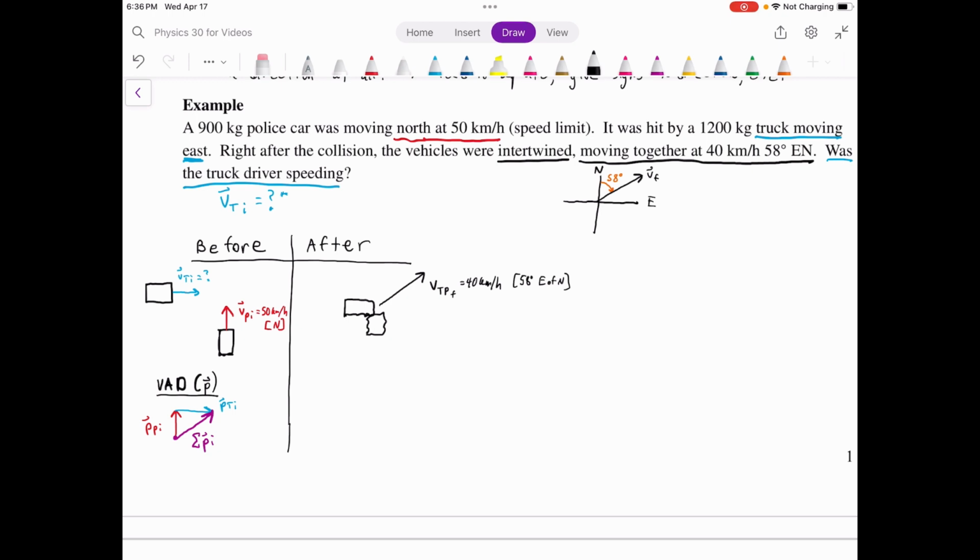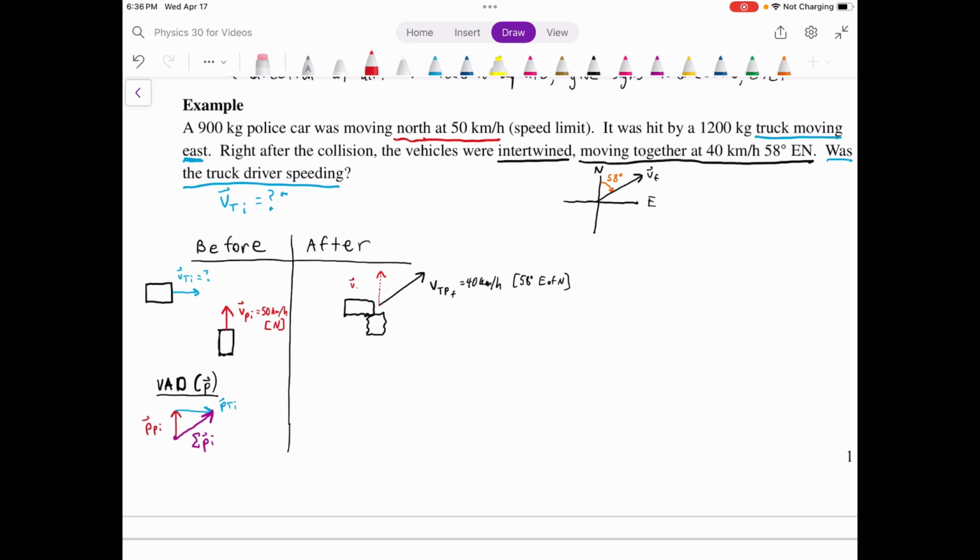Okay, now that velocity has both X and Y components. Right? I'll draw it this way. Since they gave us the east of north angle, it makes a little more sense to probably draw it this way. Do you see that? That's the Y component. That's the northness of the final velocity.